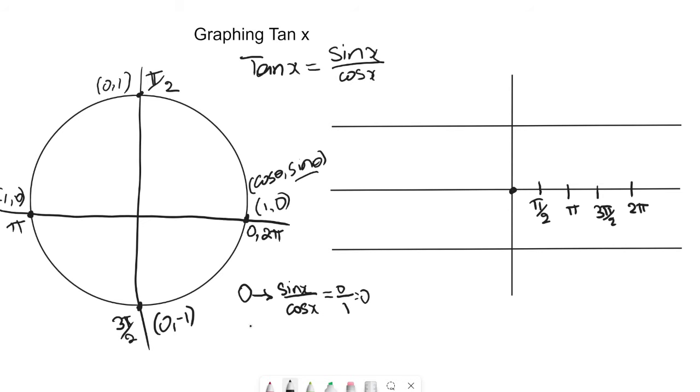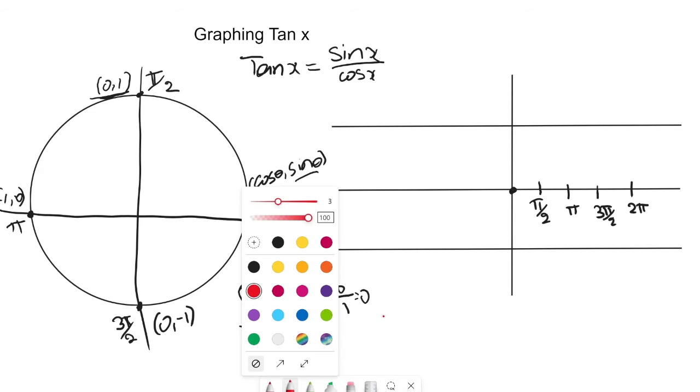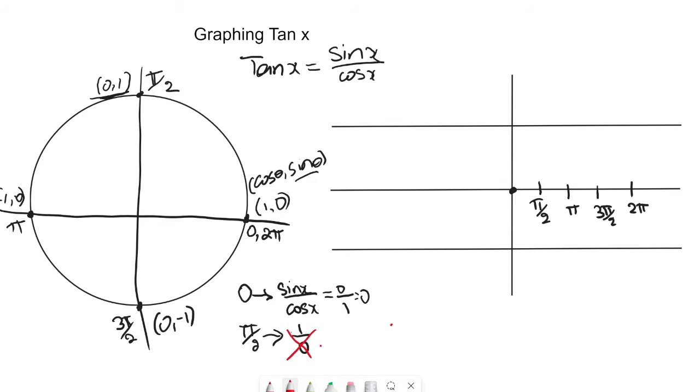Now, when we're at pi over 2, you do this if you're trying to figure out what it's going to look like. We're still doing sine over cosine. But at pi over 2, notice sine is 1 and cosine is 0. But recall, we cannot divide by 0. So here it's undefined.